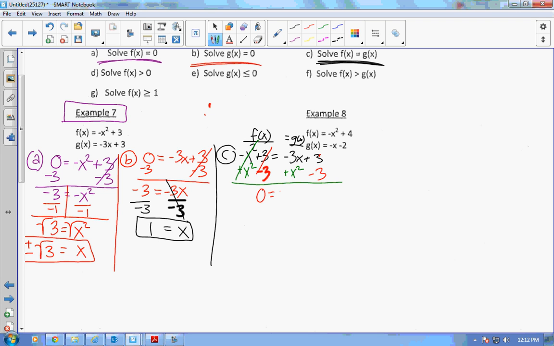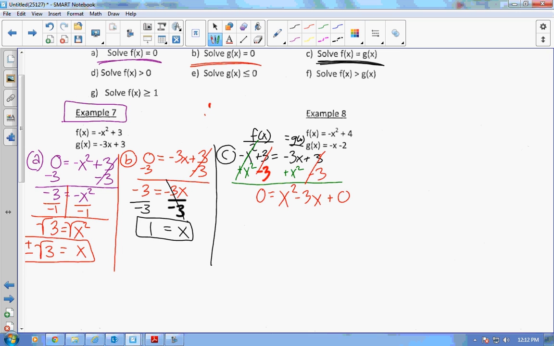The x squared term. Standard form. Then I write my linear term. Noah, what's the linear term? Good. Negative 3x. And then my constants. What is 3 minus 3? 0. Yay. Okay, let's solve this for x.